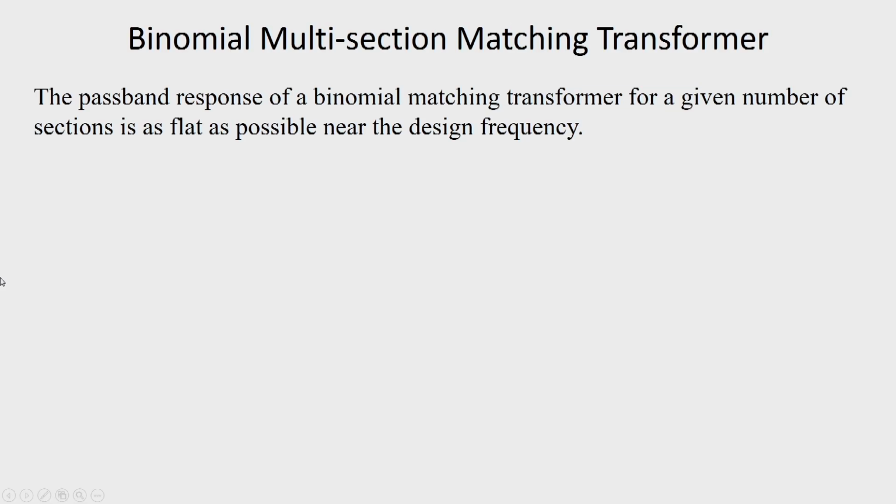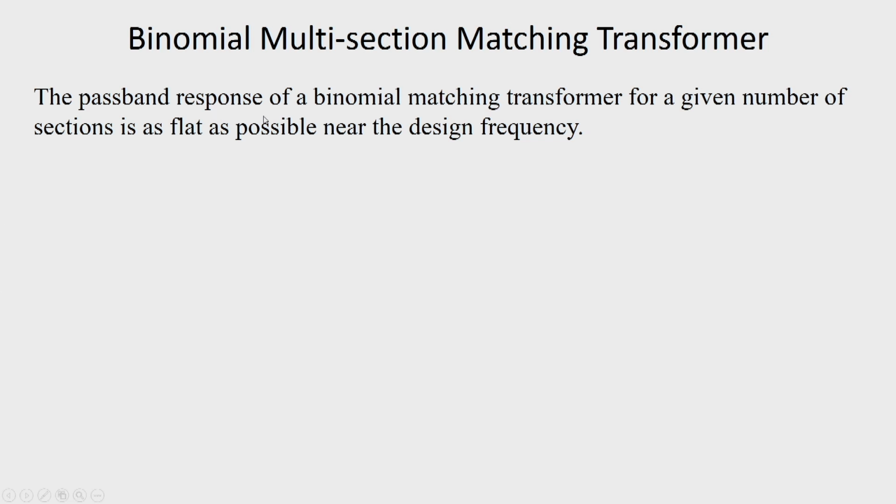So, we have discussed how we can find out the reflection coefficient for a multi-section transformer in terms of the electrical length of the individual section theta, and now let us see how we can design a binomial multi-section matching transformer.